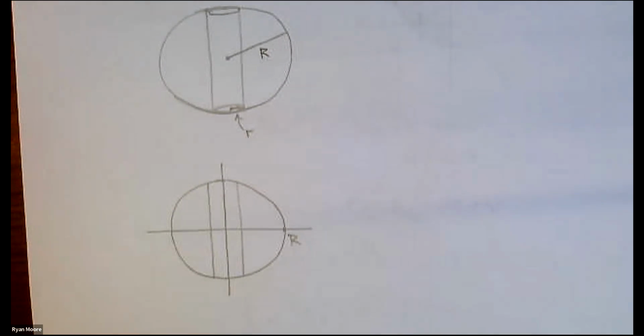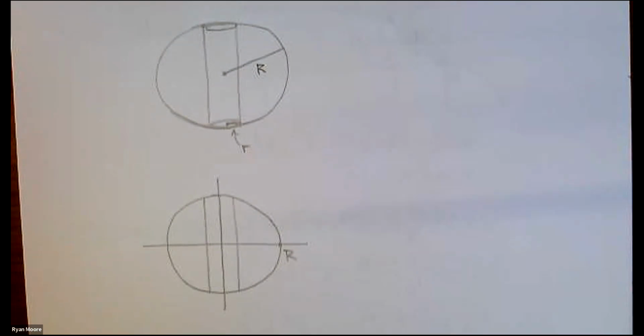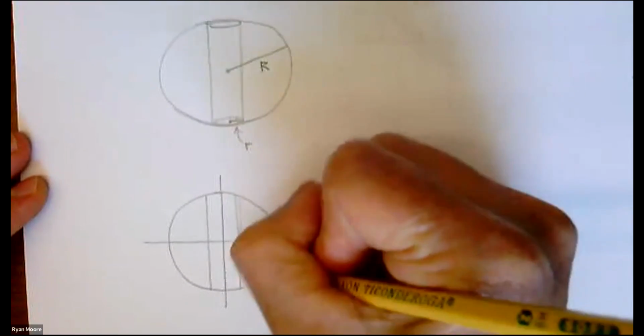What region could we shade that would, thinking about the solid of revolution, thinking about that region spinning around an axis, what region would it be to create this shape? You think, what would spin around to make that volume? It would be this right here.